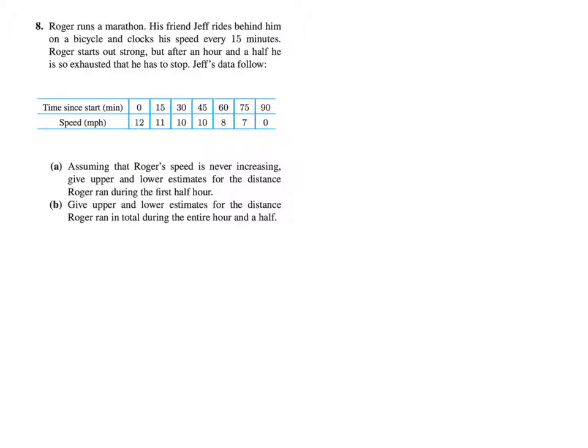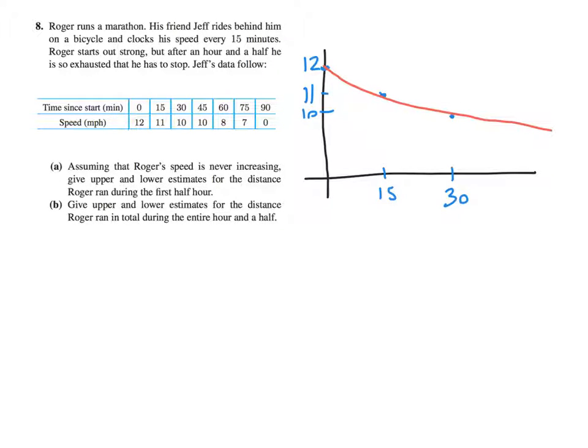Well, the idea is here the speed is never increasing, right? So that will mean that his speed function will look something like this. So he starts out strong at 12, then it drops to 11, drops to 10, and so on, in miles per hour.